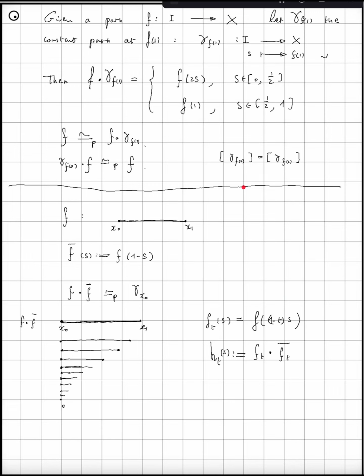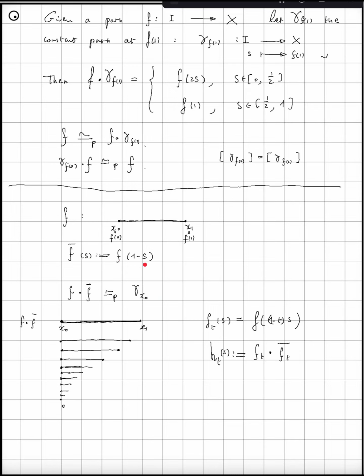Okay, so finally let's check that any homotopy class in this set has an inverse homotopy class. And so still, let's say first in general, if you have a path f that goes from f0 to f1, then I could define what is called the inverse path of it, denoted by f bar of s, just defined to be, instead of f of s, we write f of 1 minus s.